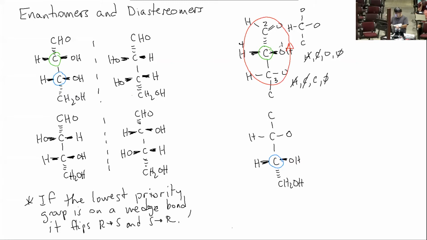It's counterclockwise. But we have to remember at the last second, because the lowest priority group is on a wedge bond, it's not S, it's R. You just have to remember to do that at the last second. And again, there are other ways to deal with this type of problem, but that's one way. So that means that carbon is also R. And we'll do the other one too, so you'll get to see another example of this whole thing in action.